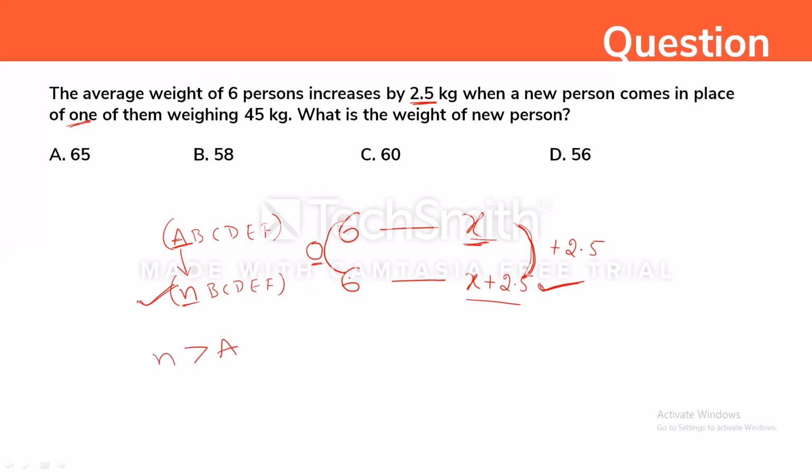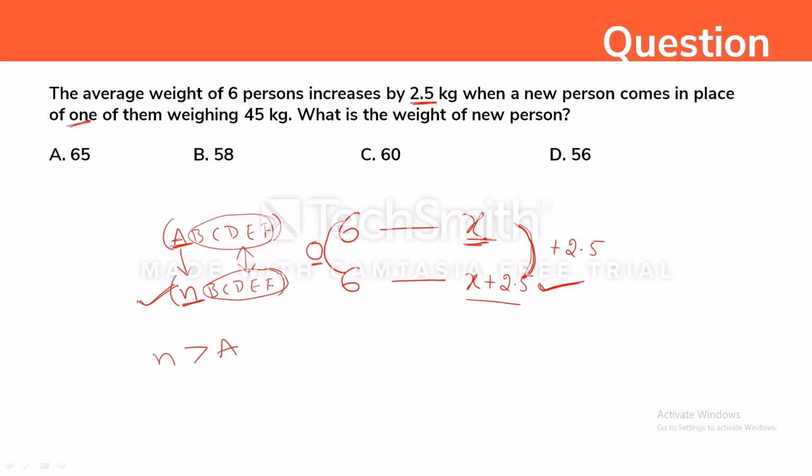Here we need to find, by applying our shortcut, how much more it is. Why can I say N's weight is more than A's? Very simple. When A is there, the average is x. The average changes only because of the replacement of A and N, because the remaining B, C, D, E, F are constant. Because of these members there is no change in average.